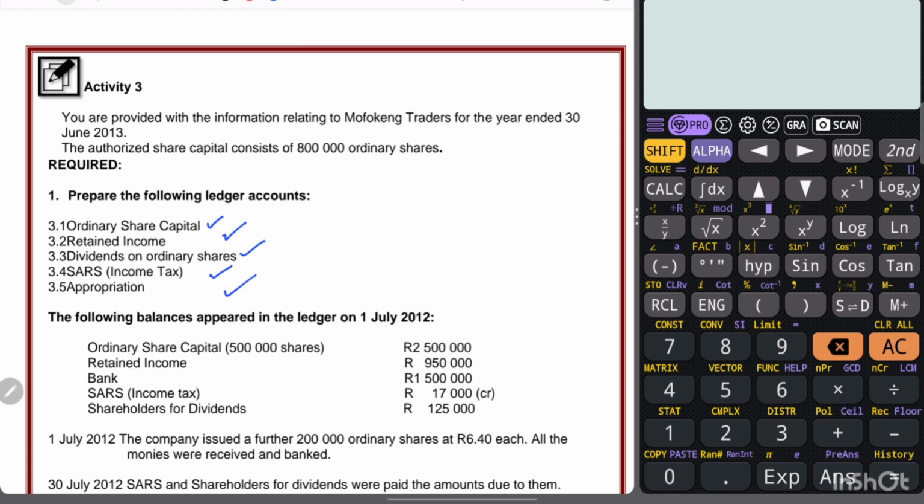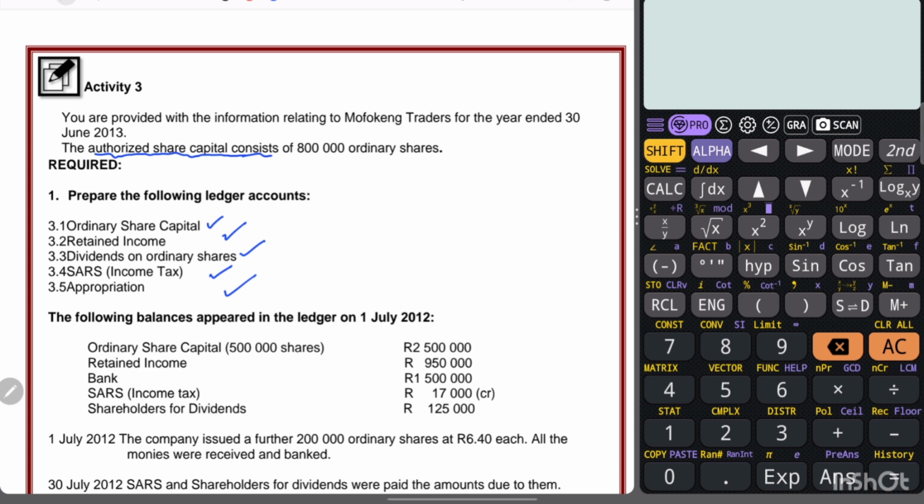Let's read the information. You are provided with the information relating to Mofokeng Traders for the year ended 30 June 2013. The authorized share capital consists of 800,000 ordinary shares.